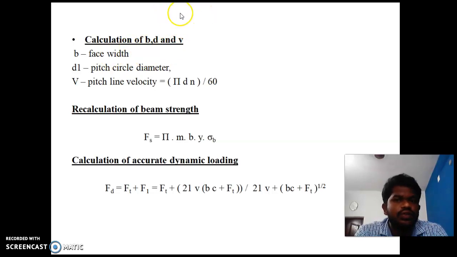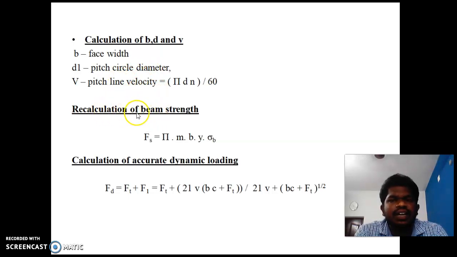We equate the two equations and find the module value. From this module value we can calculate the face width. We assume the face width b equal to 10 times the module, substitute the module value, and find b. And pitch circle diameter we calculate from the gear ratio value. So find the pitch line velocity.